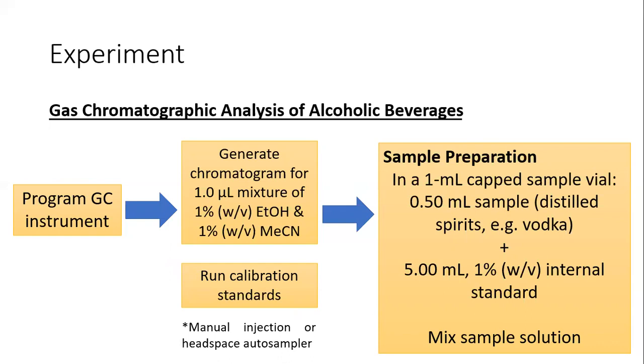To determine the peaks for your calibration standards, which peak is for the ethanol and which is for the internal standard, you typically first generate a chromatogram with equal volumes of the analyte and the internal standard. Then afterwards, you can run your calibration standards.